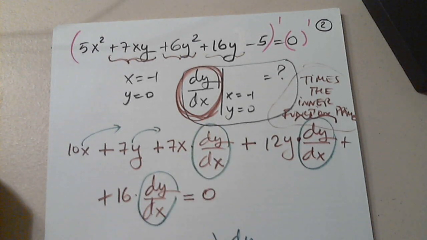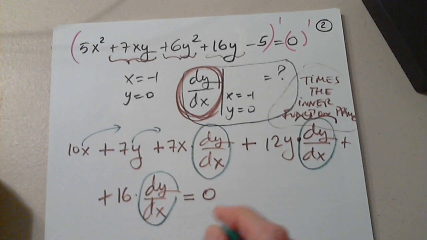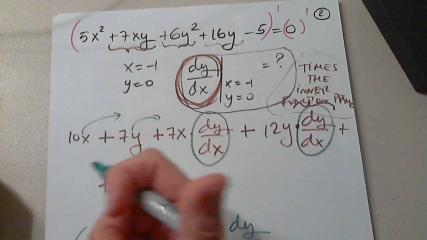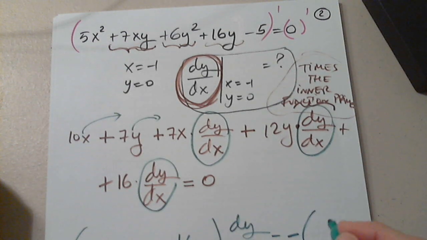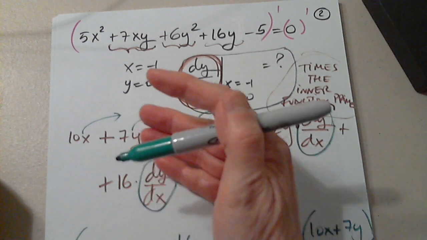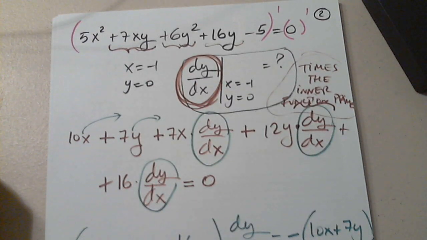From this, I have a 7x. From this, I have positive 12y. From this, I have positive 16. These 2 go to the other side with a negative in front. This is just algebra. From here, there is no calculus.